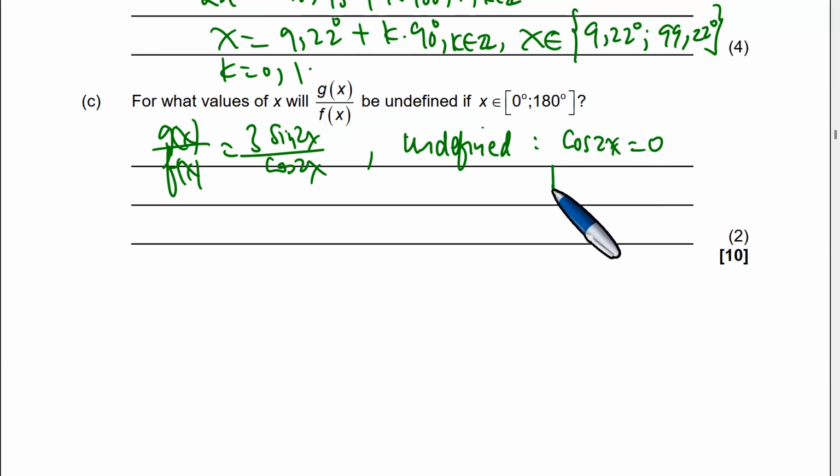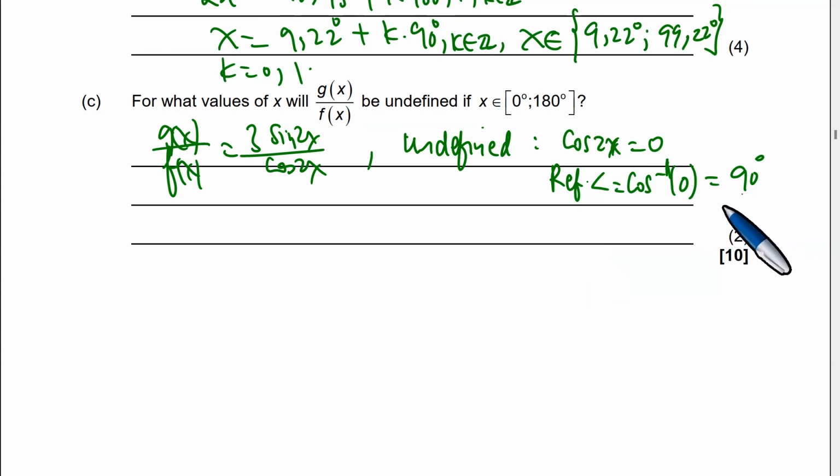When is cosine 2x equal to 0? You must get the reference angle. The reference angle is arc cosine 0. What is arc cosine 0? 90 degrees. Use a calculator to get this, but one way is to know that cosine of 90 is 0.